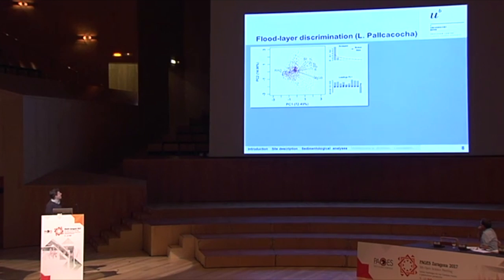Here I'm showing you one example. That's Laguna Paicacocha. That's a principal component biplot. And here we have the scree plot. So we see only principal component 1, which explains more than 70% of the variance, is significant.